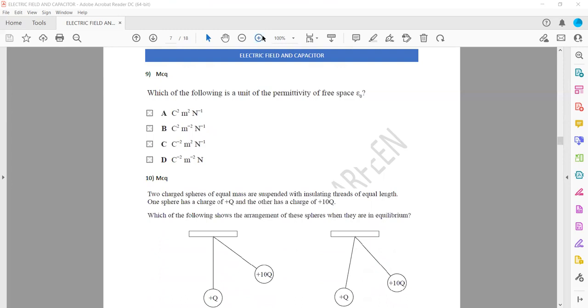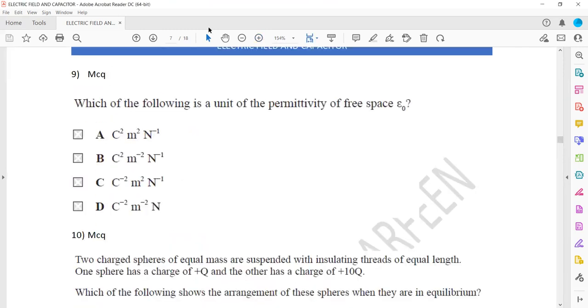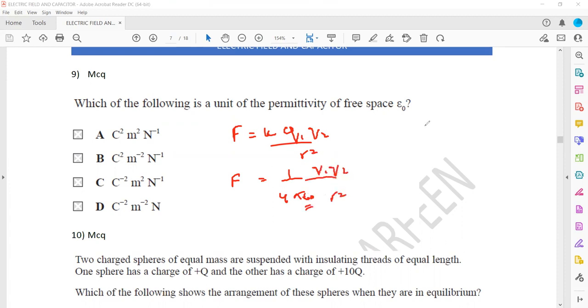And in question 9, which of the following is a unit of the permittivity of free space? According to Coulomb's law, F is equal to k Q1 Q2 over r squared, where k is equal to 1 upon 4 pi epsilon. If I need epsilon, then epsilon is equal to Q1 Q2 over 4 pi F r squared.